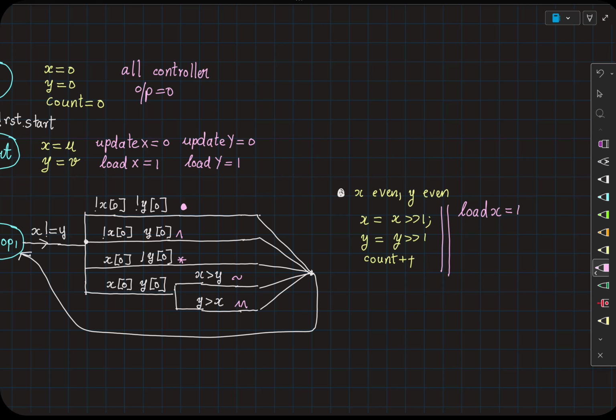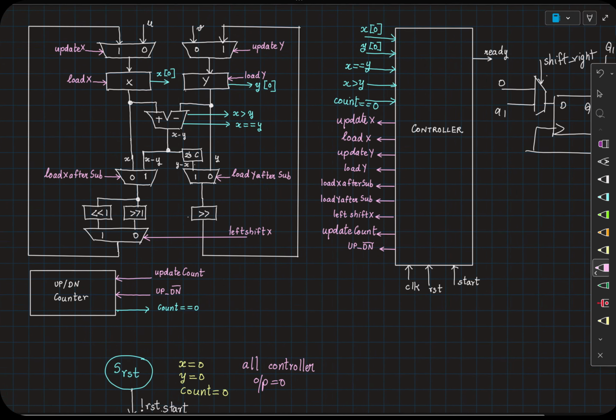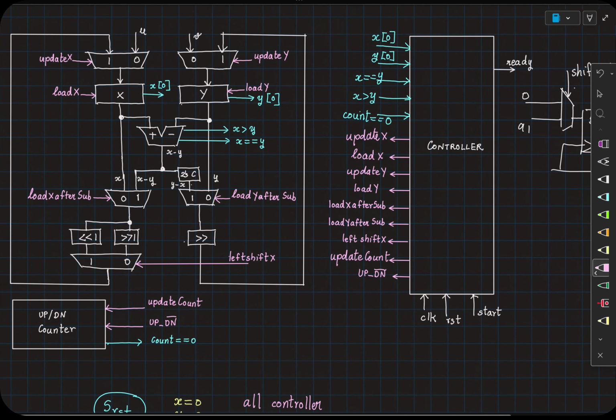It should be 1. Everyone is able to access this image? Okay. So we want to update the value of X with X right shifted by 1 bit, which means your load X should be 1. What should happen to update X? Update X should also be 1, because we want this path to be active.